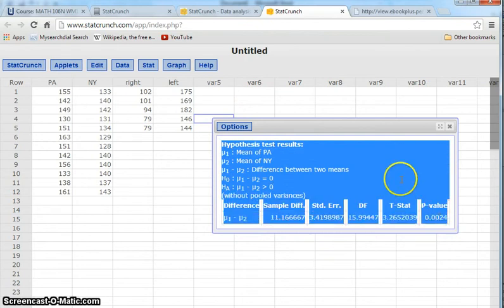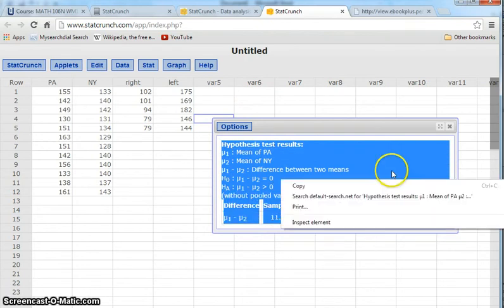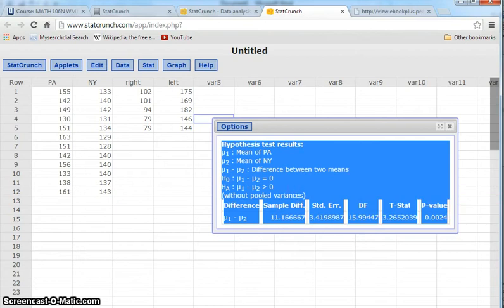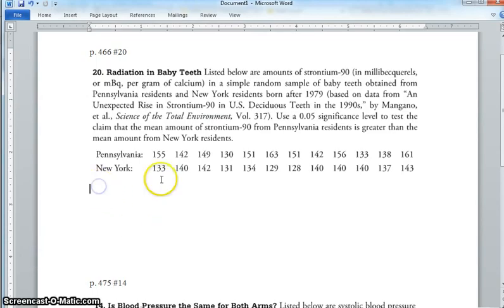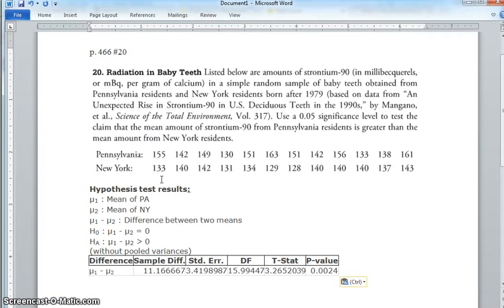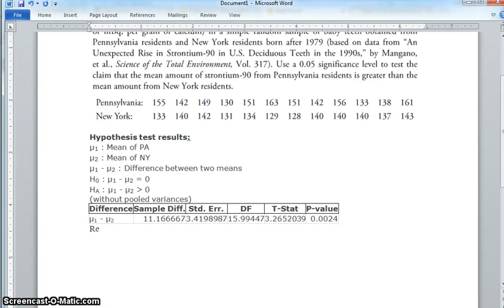So we'll just copy all that, paste it over here, and we will, of course, reject H0 if p-value is less than alpha, in this case 0.05. Therefore, reject H0.